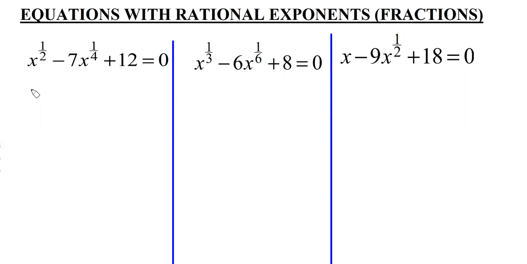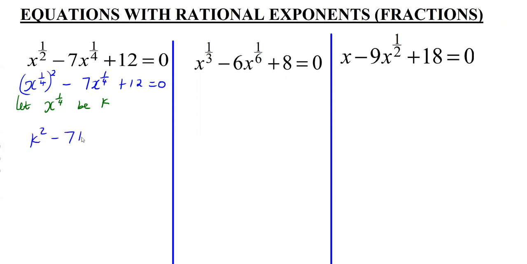So you can rewrite x to the power 1/2 as x to the power 1/4 in brackets squared, because this one now is 1/4. So minus 7x to the power 1/4 plus 12 is equal to 0. Now you can even say, let x to the power 1/4 be k. Then now you have k squared minus 7k plus 12 is equal to 0.